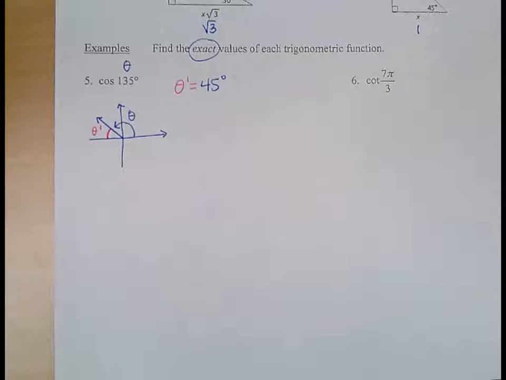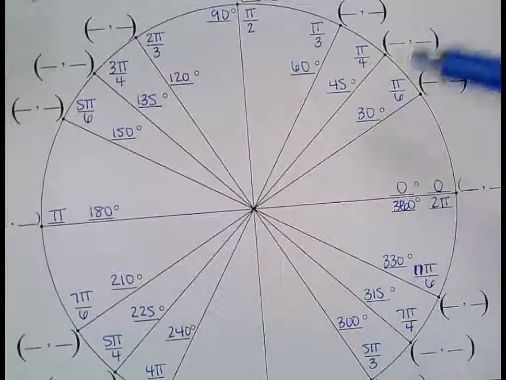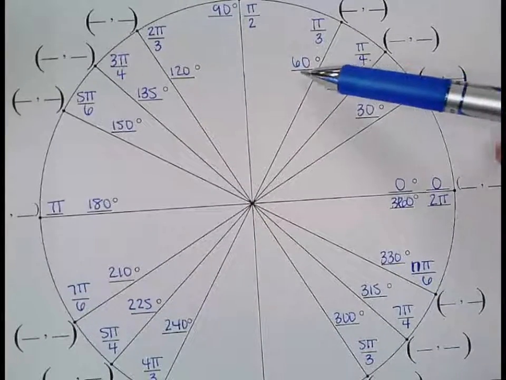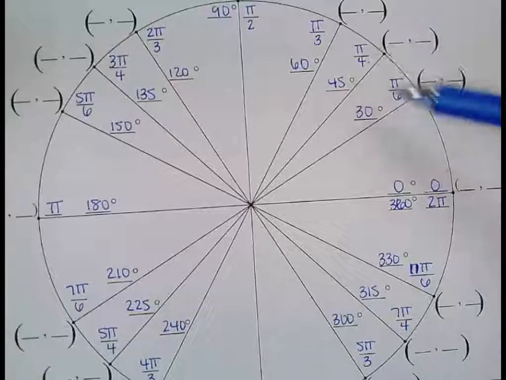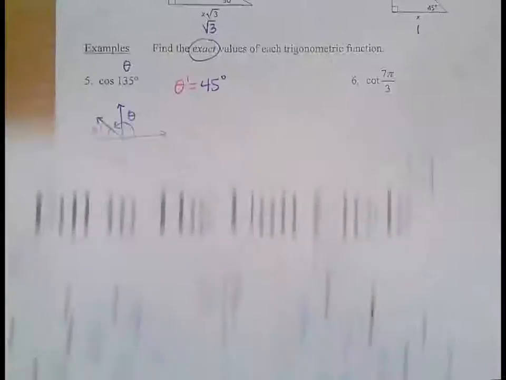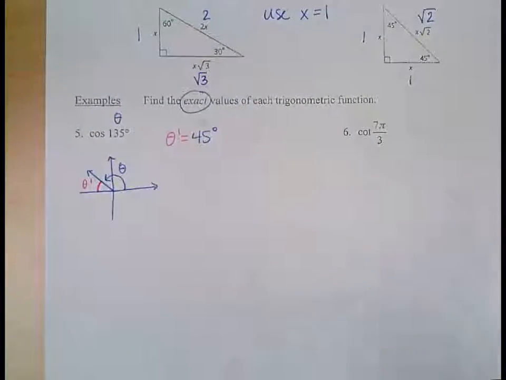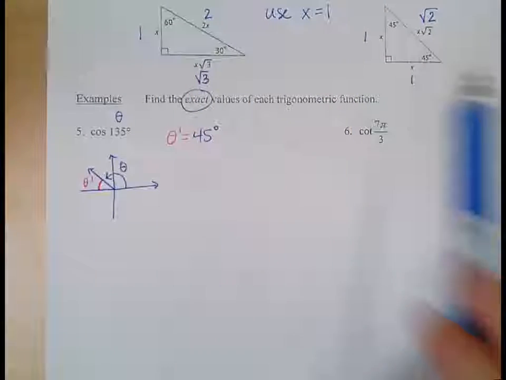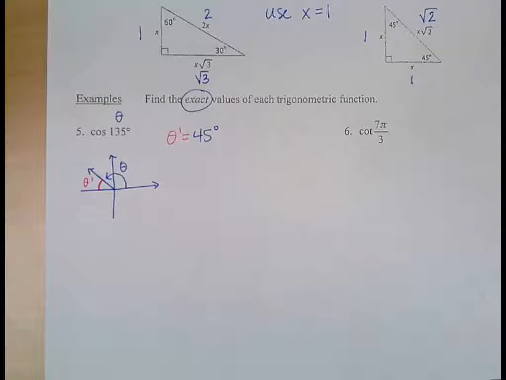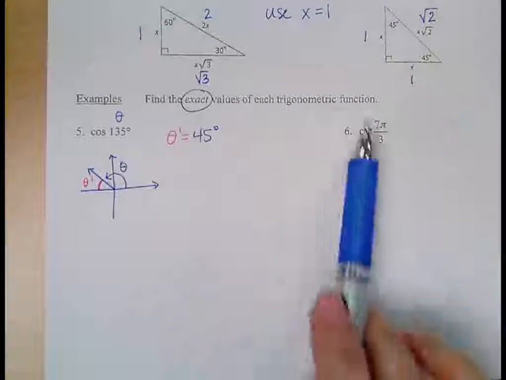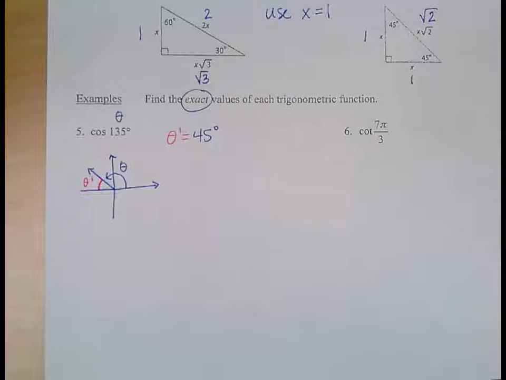All right, and I will say your reference angles for this part as well should be either 30, 45, or 60 degrees, or their corresponding radian measures as well. So they should be one of the angles you see in the special right triangles, 30, 45, or 90. If you're getting something different for this type of example, let me know.